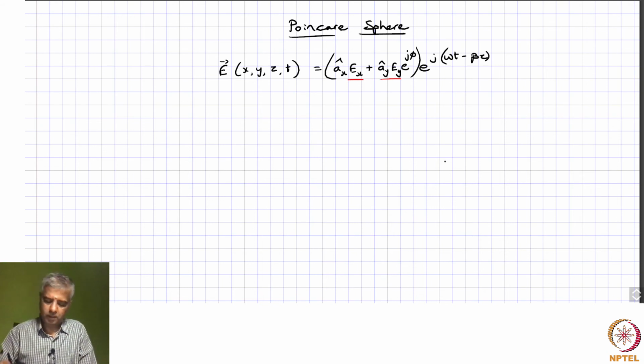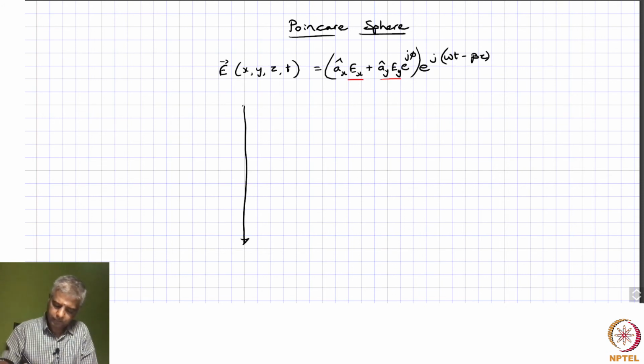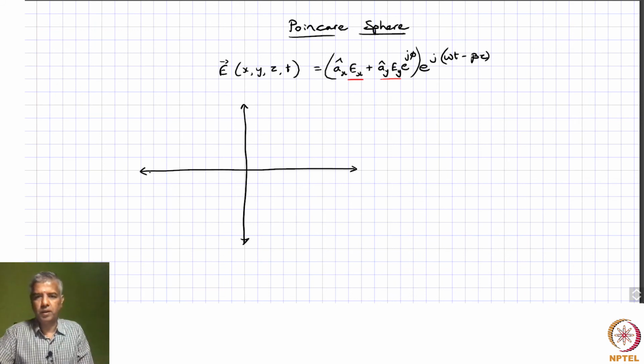So that's the elliptical polarization that we have, and over here it is going to be closer to the vertical polarization state. So you have an ellipse that looks like this, but the upper hemisphere corresponds to the right circular polarization state, and the lower hemisphere corresponds to the left circular polarization state.